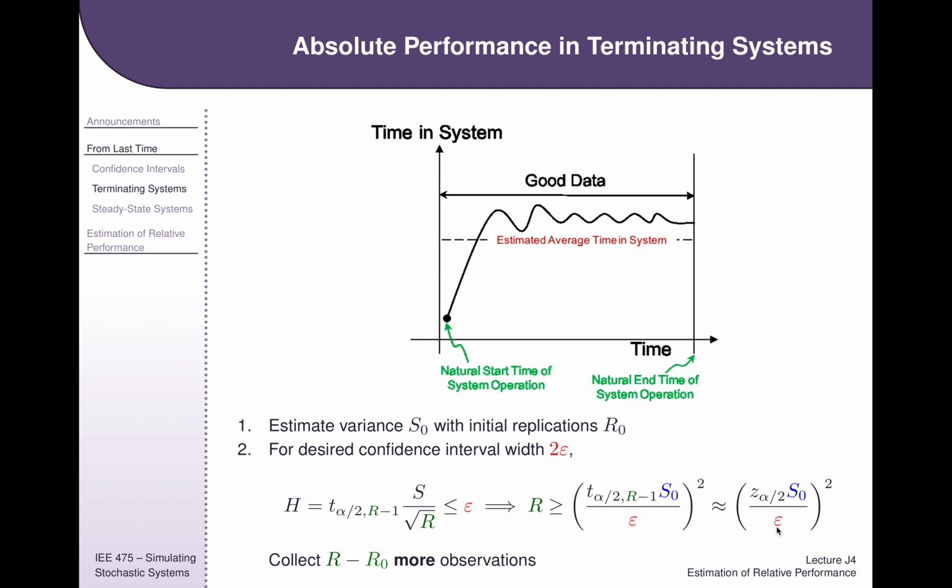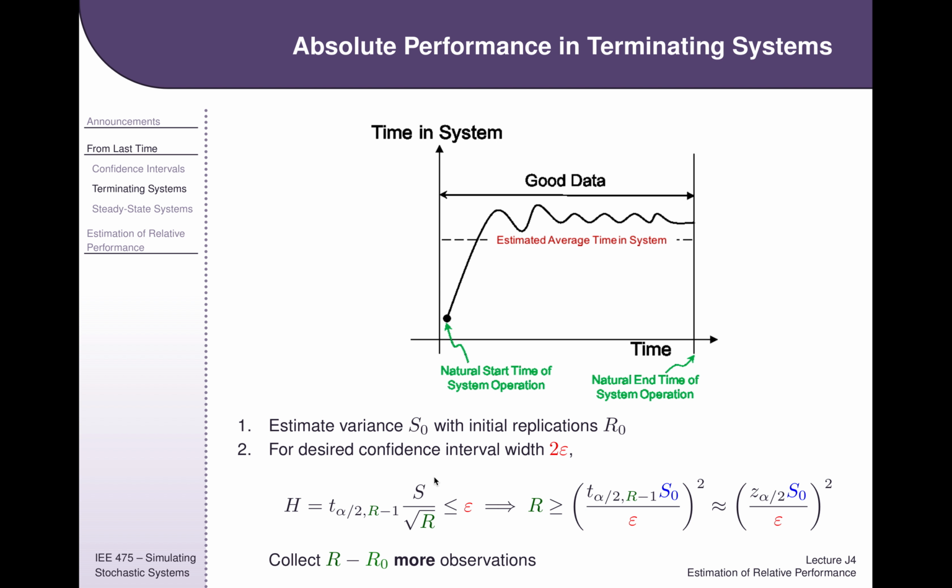Most of the time that will work, but it might be that your R naught observations gave you a really poor estimate of S naught, or maybe your data aren't normally distributed. Let's just assume the problem is that you only took a few R naught, so your S naught was not a very good estimate of the standard deviation.